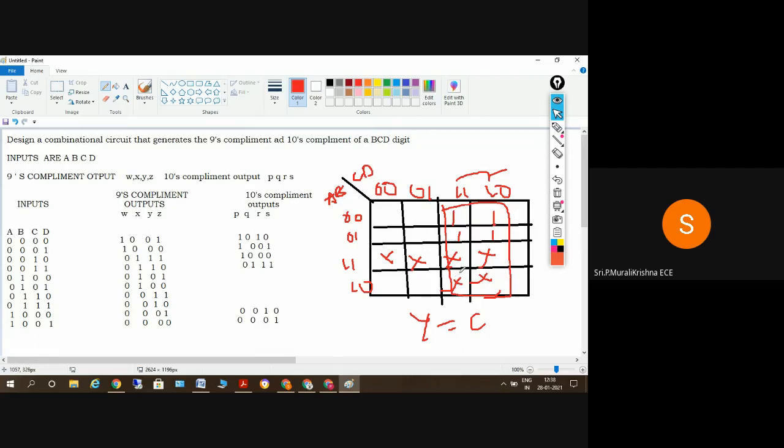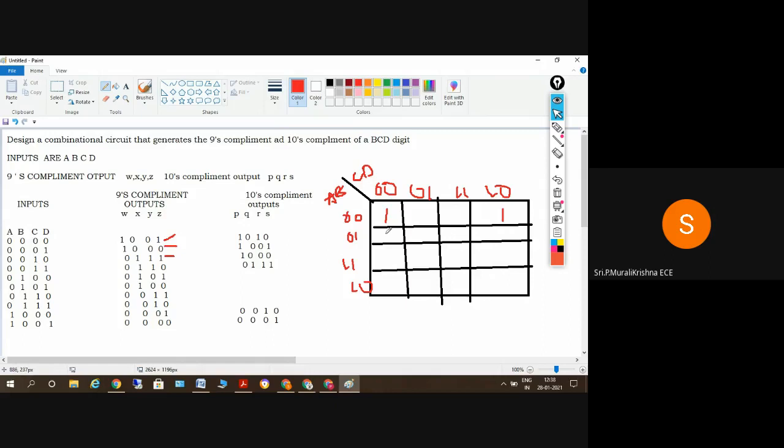Next, so coming to Z, we have 0. Okay, and 0 1. So these values, so check the Z value here. 0 1 2. Yeah, this is 0, this is 1, and this is 2.